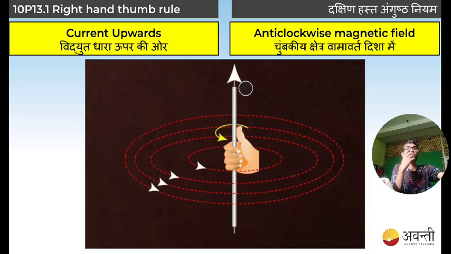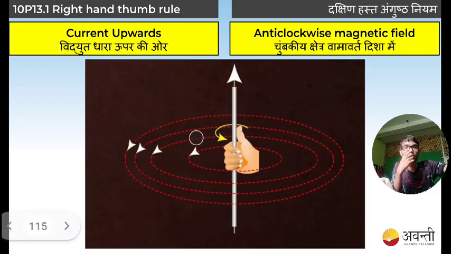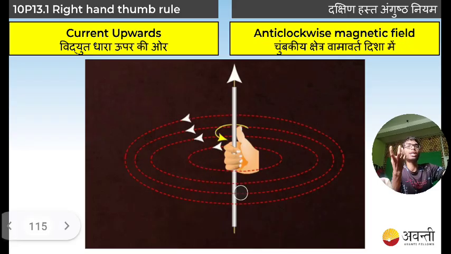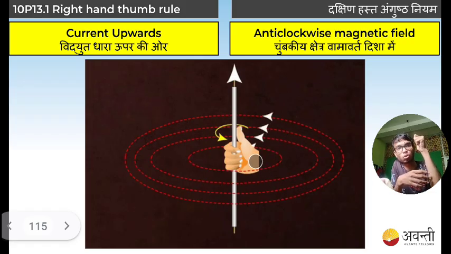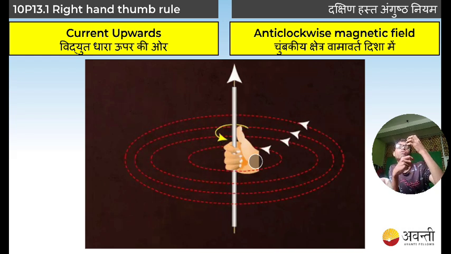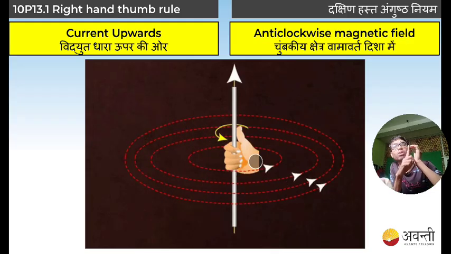This current is going in this direction, and the magnetic fields are working in this direction like that. So all this can be found out just by using this right hand thumb rule. With the help of this thumb, we can say this thumb will tell about the direction of the current, and the ends of these fingers will tell you the direction of the magnetic field.